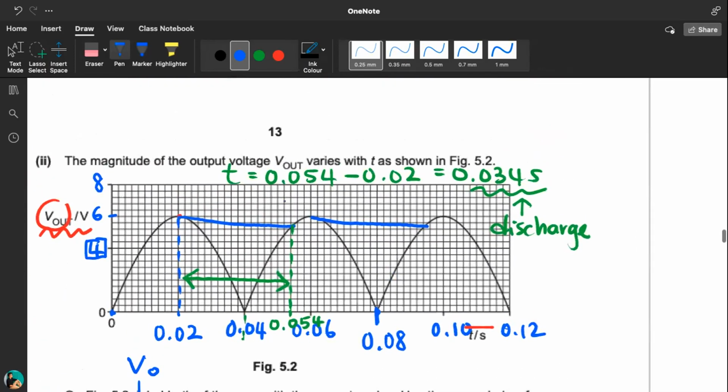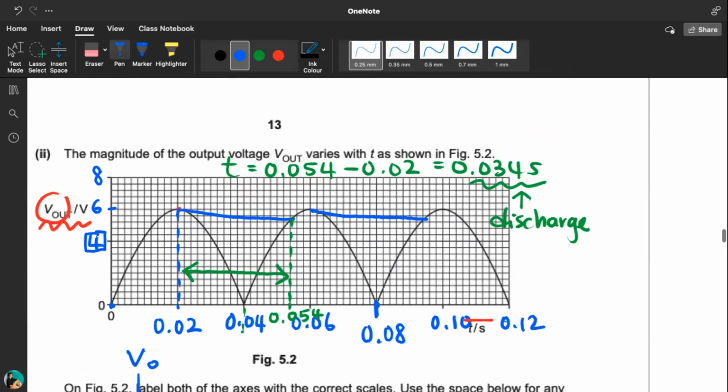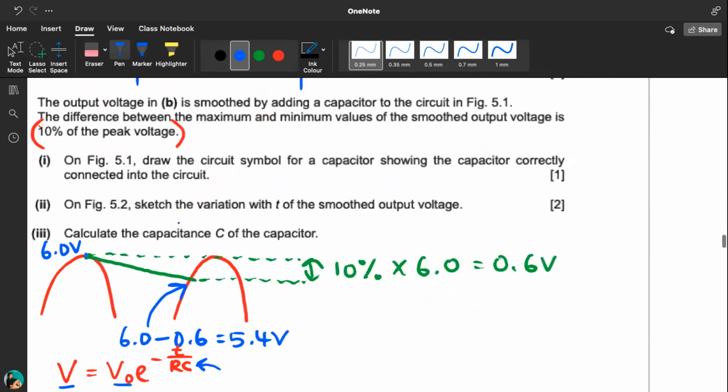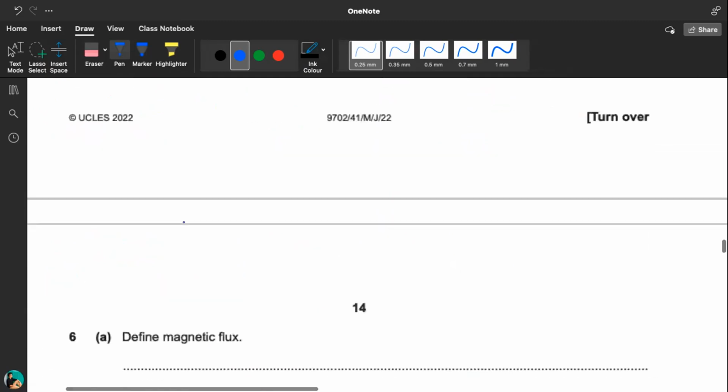So after 0.034 discharge, the voltage is 5.4. Okay, so we have all the values.